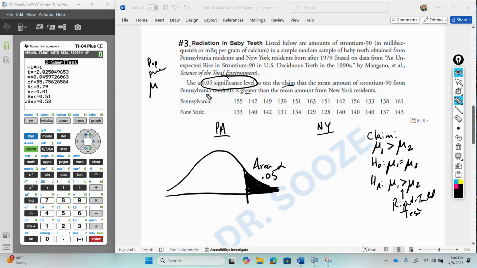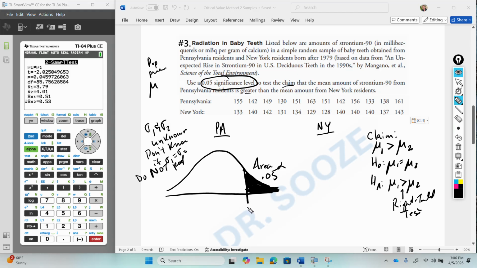Okay, so I have not been given summary statistics. I've been given the raw data. So I do not know the population standard deviation. And we have not been told anything about them being the same. So we will not pool.